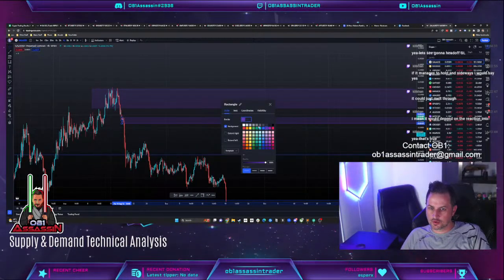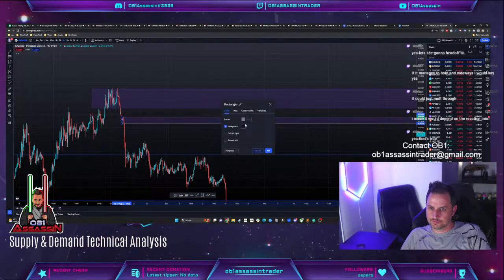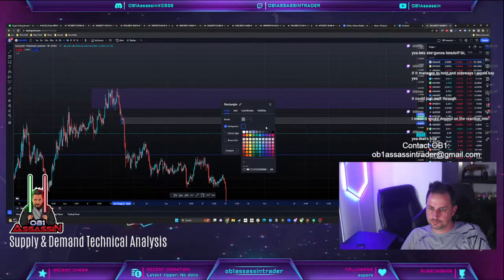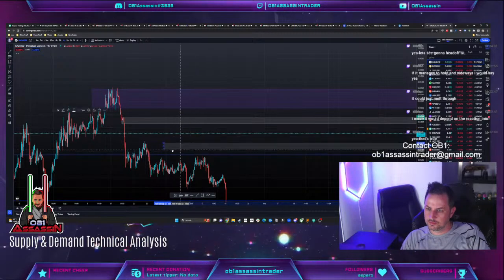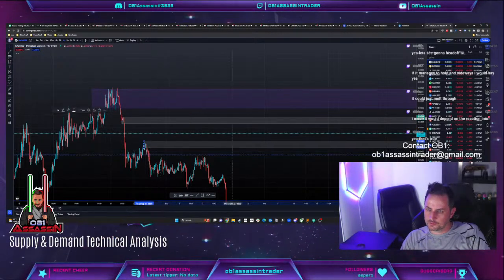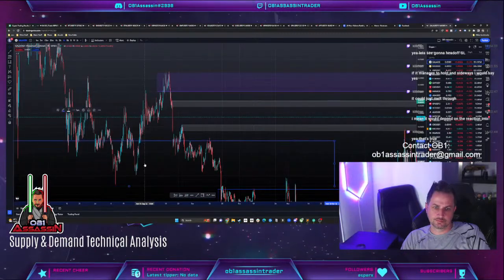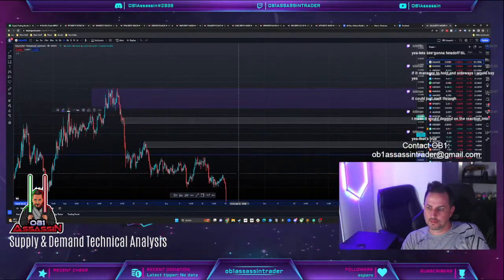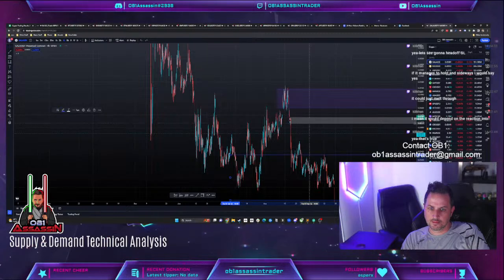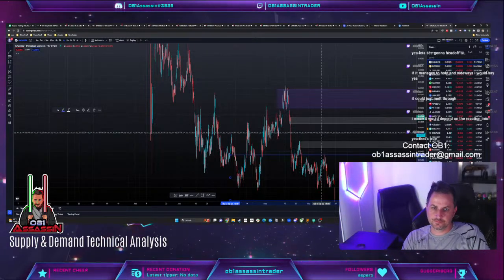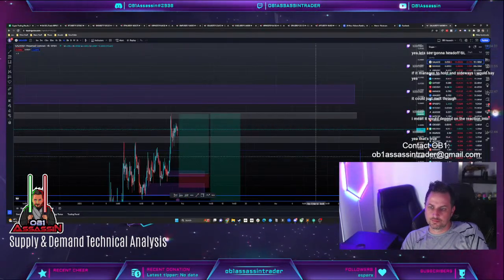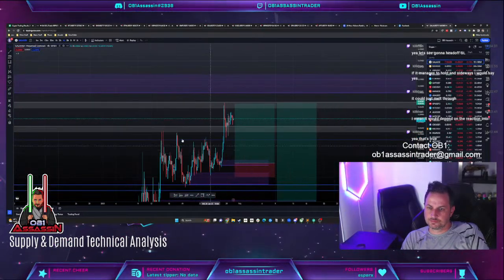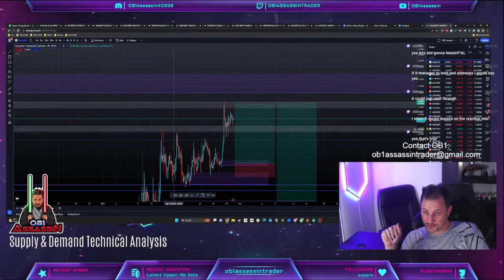That's now a breaker block. And I think we have another one right here, which is a key level of resistance.